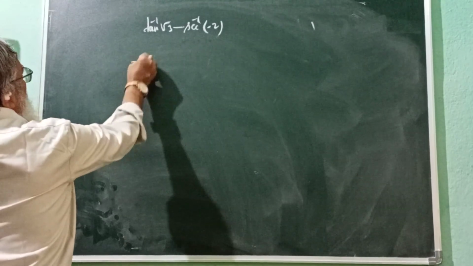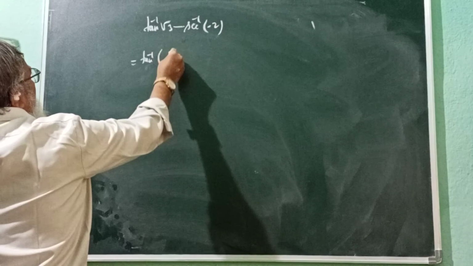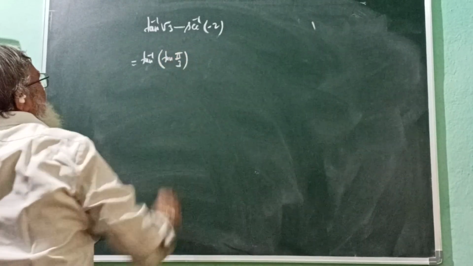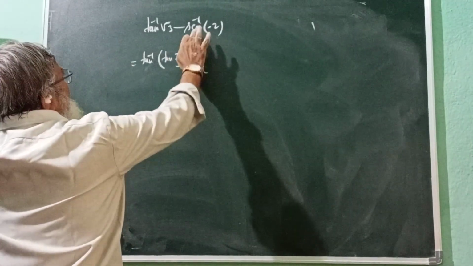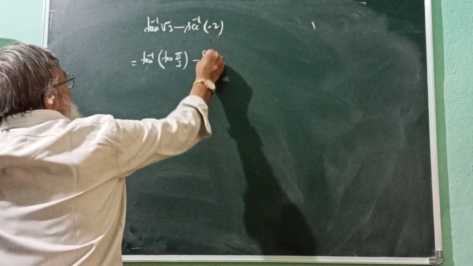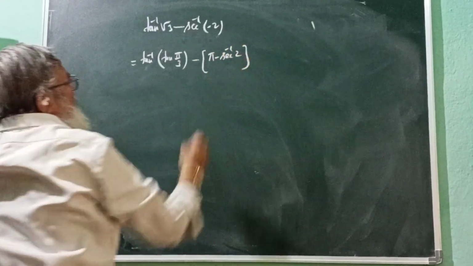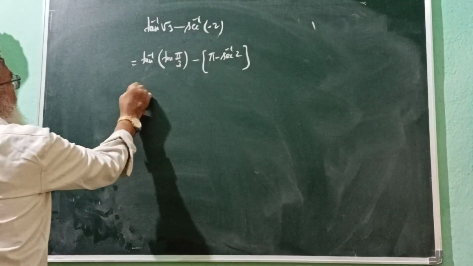That is equal to tan inverse. Write down the value of root 3 in terms of tan. That is tan of pi by 3. Tan 60 is root 3. Minus. Now you see here sec inverse minus x. That is pi minus sec inverse x.